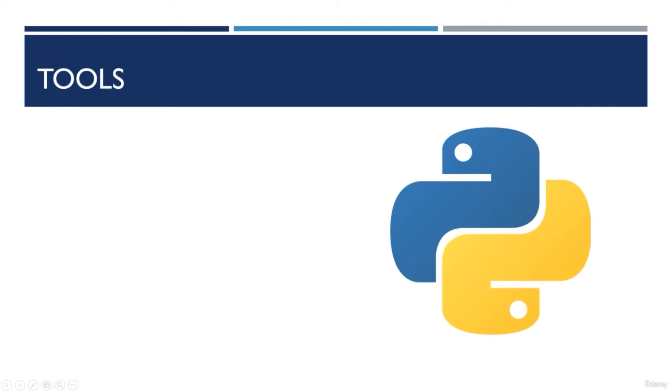What tools do we need in this course to complete it without any complication? Before starting this course, we need some tools. First of all, we need the Python language itself. You can download the install launcher from the official website for this language, download the latest version of Python, and install it easily on your device.